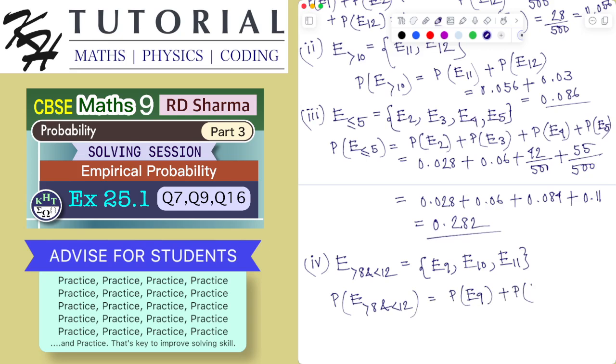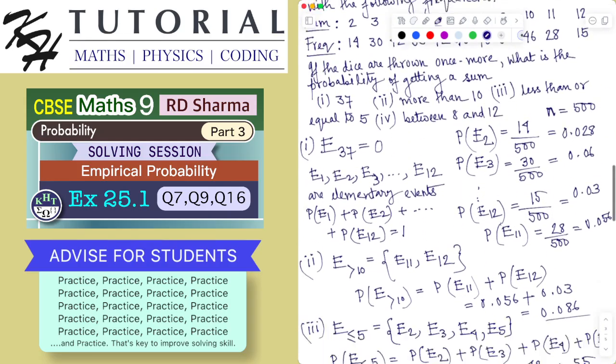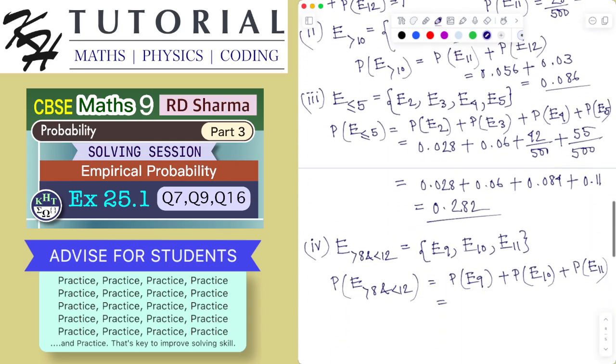Probability of E9, probability of E10, and probability of E11. What is probability of E9? The frequency of the sum of 9 was 53, so 53 divided by 500, plus E10.